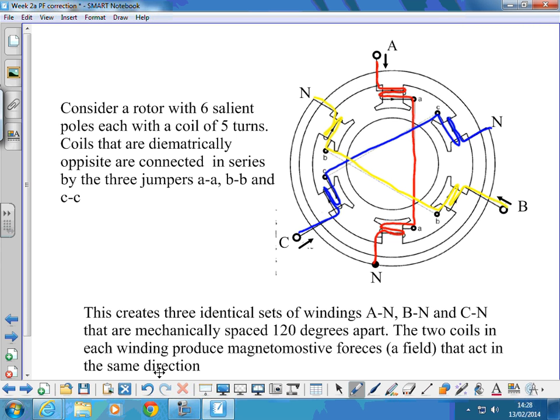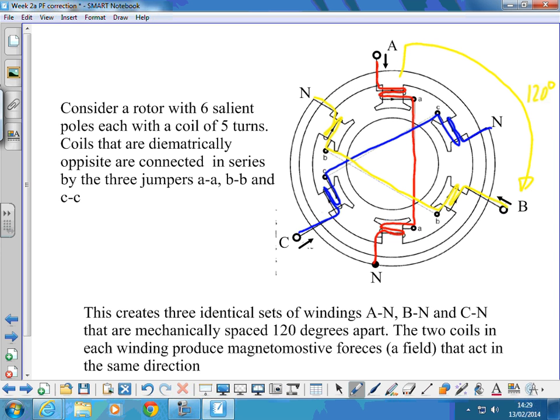So there's our 3 phases, all connected to poles that are effectively 120 degrees apart. We've got 3 identical sets of windings, A to N, B to N, and C to N, all 120 degrees apart.